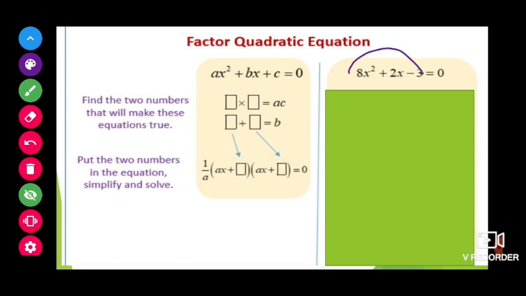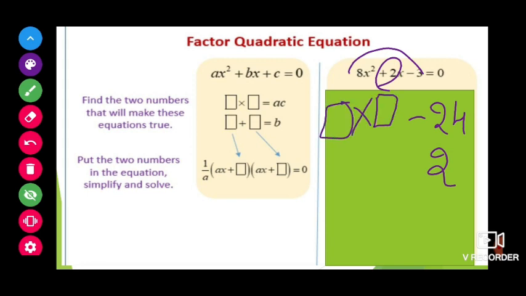Now what values can we take? 1 into 24 we can write, but 1 plus 24 we will not get 2. Just randomly you check, children. 2 into 12 we can take, we will get 24 but not 2 when we add.